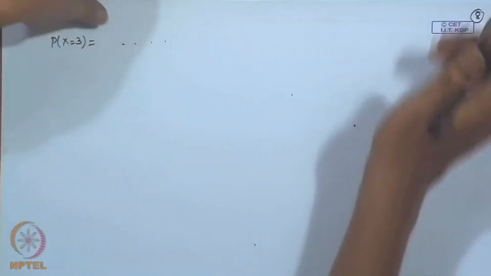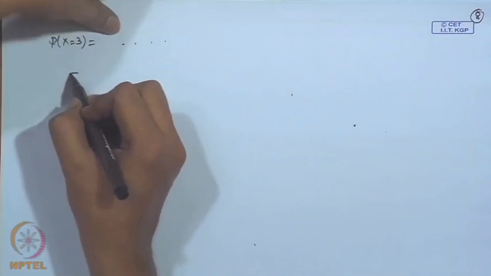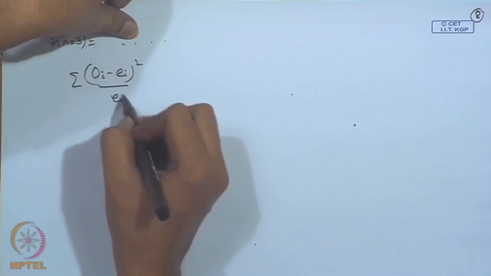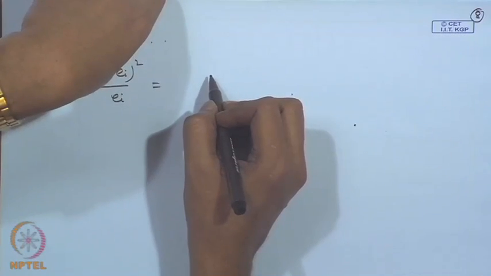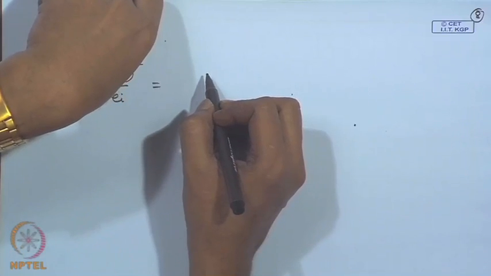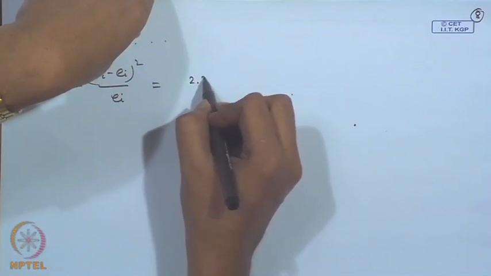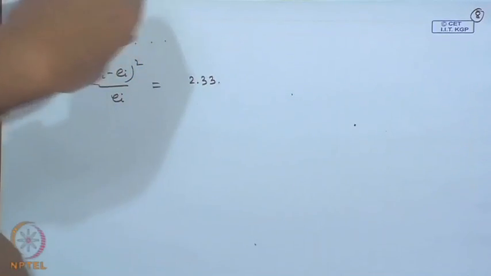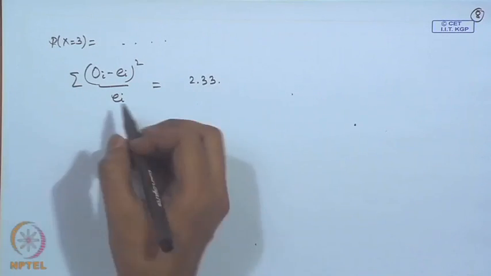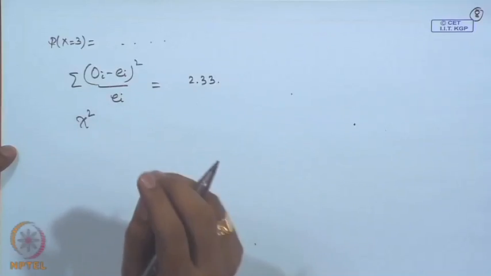This total is again 200 here. Now, we calculate this sigma (O_i minus E_i) square by E_i. This turns out to be 2.33. Now, let us compare with the chi-square value based on how many groups we have made.